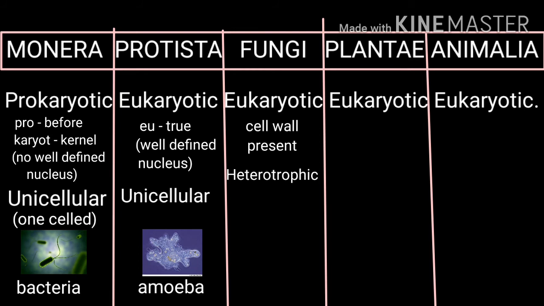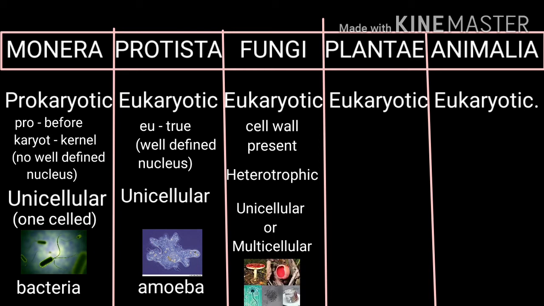Heterotrophic means they depend on others for their food. Fungi contain both unicellular and multicellular organisms. An example of unicellular is yeast, and the multicellular are molds and mushroom.